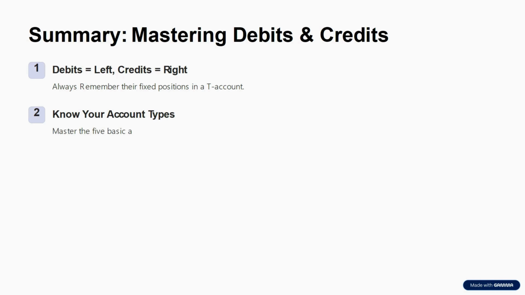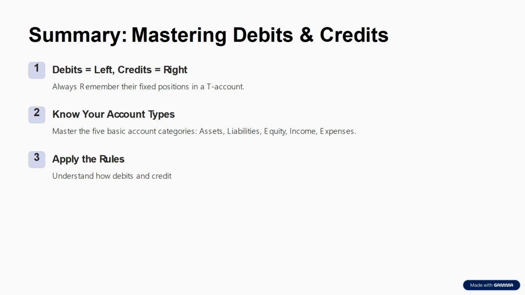Master the 5 basic account categories: assets, liabilities, equity, income, expenses. Number 3, apply the rules. Understand how debits and credits affect each account type, increase or decrease.